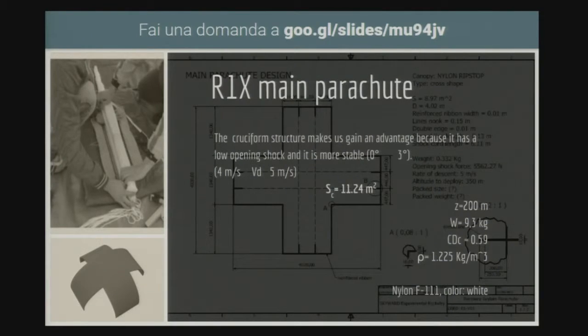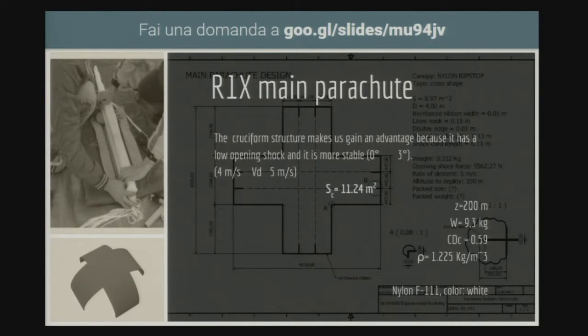And later on we have a bigger parachute which has a big area, more or less 11 square meters. Why is the shape a cross?